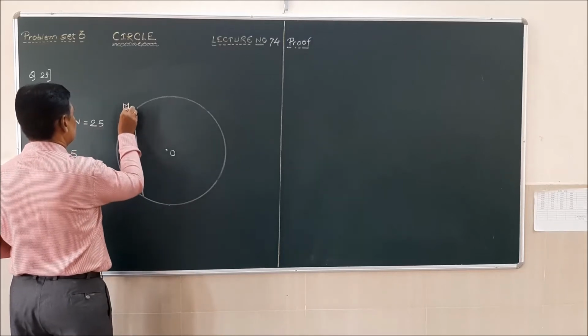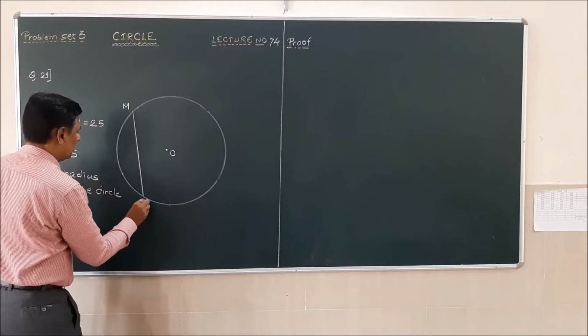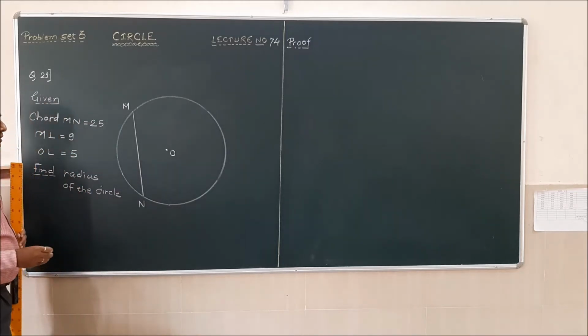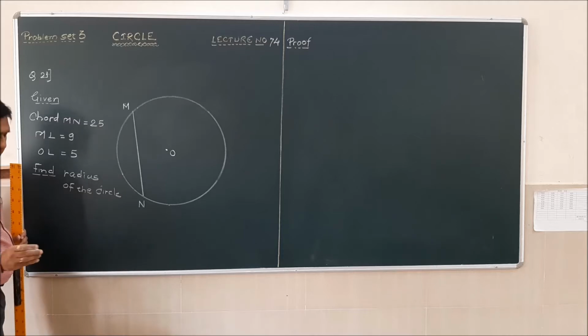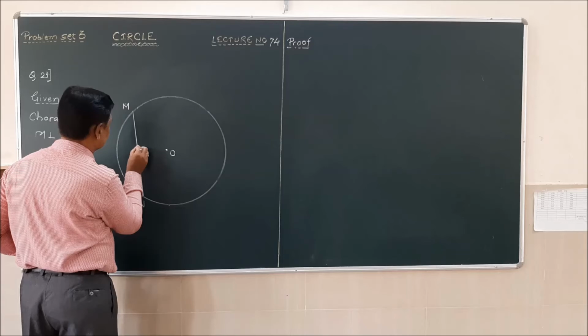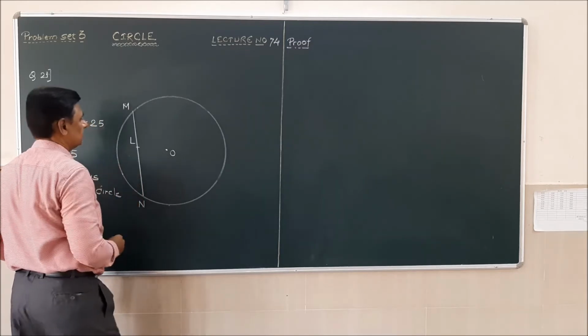So MN is a chord of length 25, O is the center of the circle. Fine. Now please try to understand. Point M is here. Point L is here.